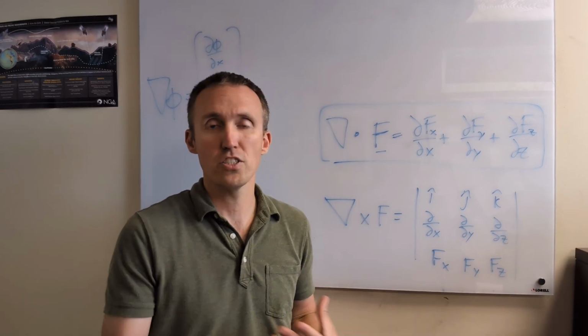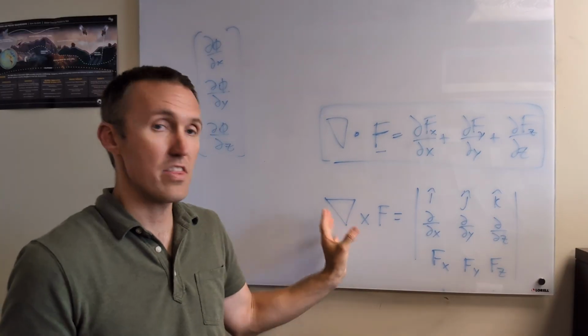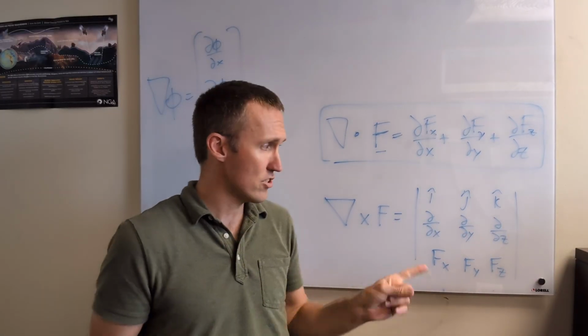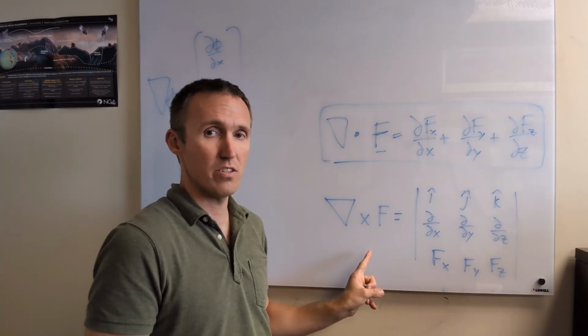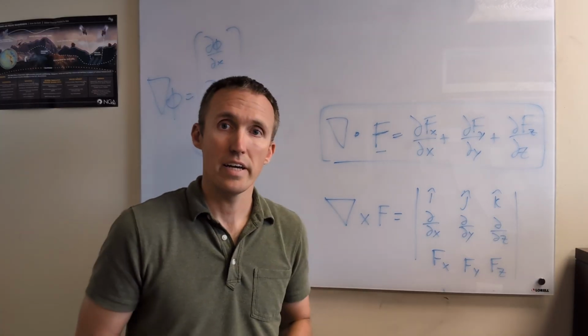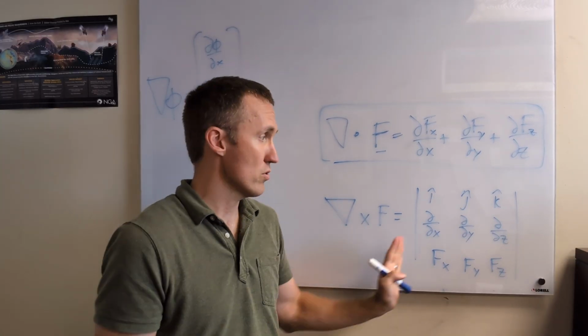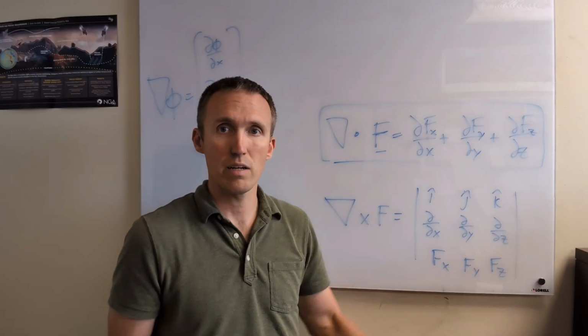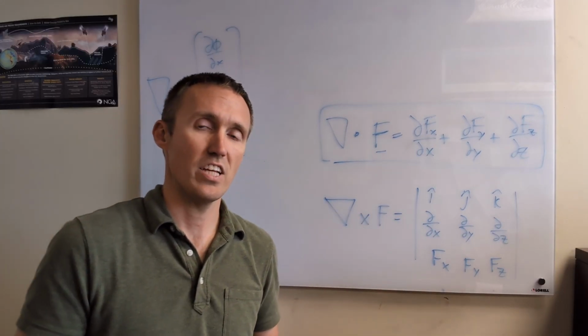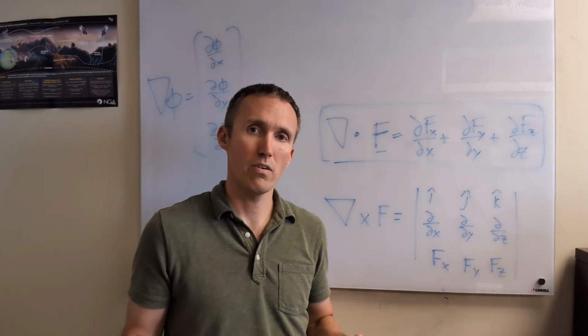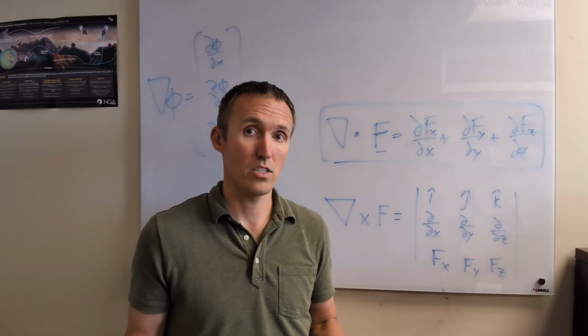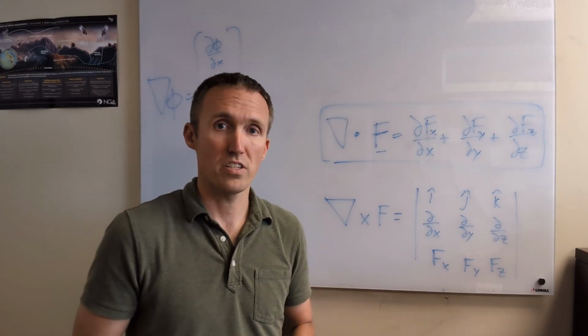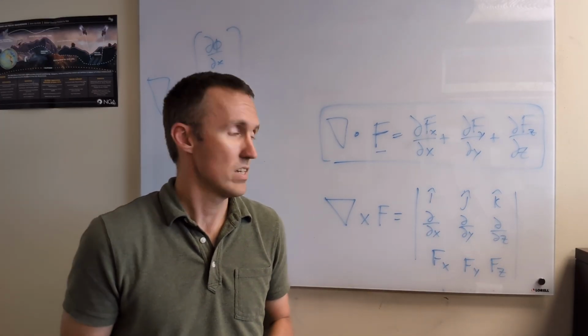And so you'll end up with a bunch of terms multiplied by each other and then added up together. And so what it means if the curl of the field is zero is that all those terms, all the products that we would calculate when we calculate that determinant, we can set equal to zero, and then we can say things about what those different quantities must be.